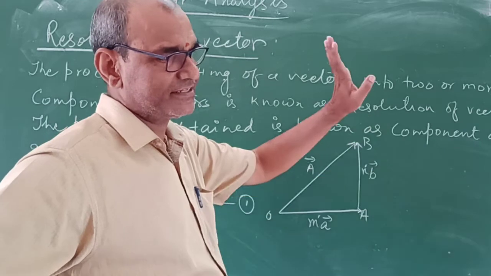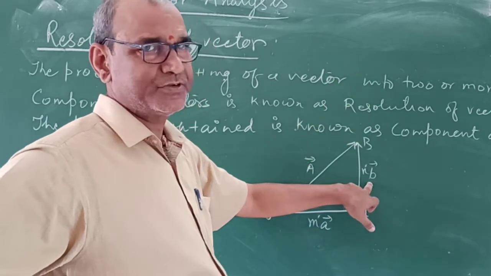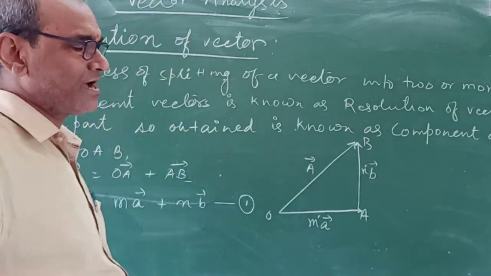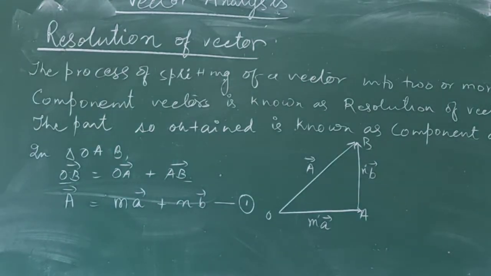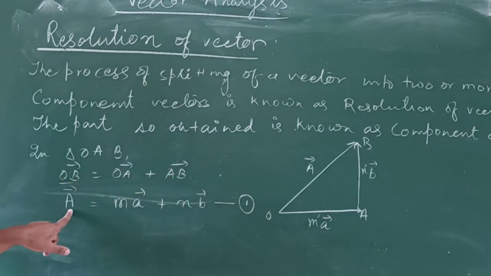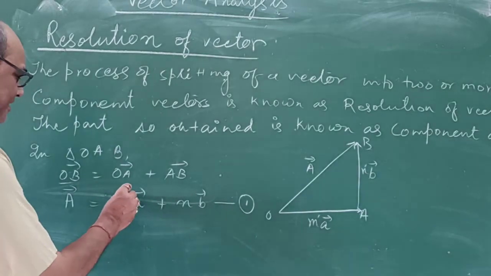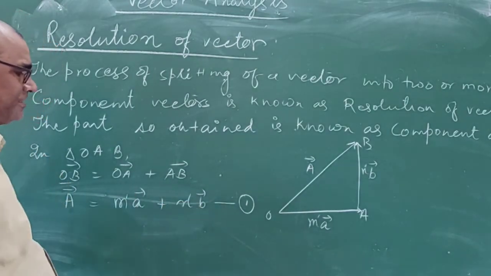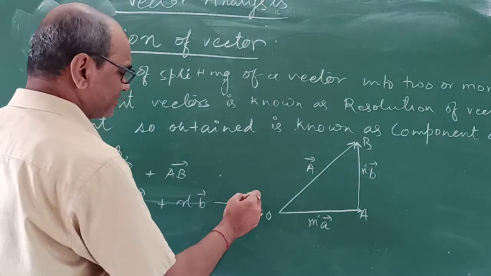The direction of m dash a is the same as that of a, and the direction of n dash b is the same as that of b. Therefore, in triangle OAB, OB is equal to OA plus AB. Therefore, vector A is equal to m dash a plus n dash b. This is equation number 2.